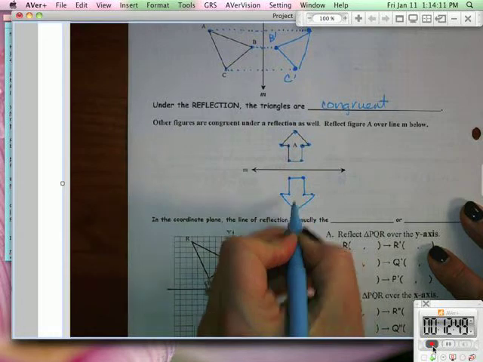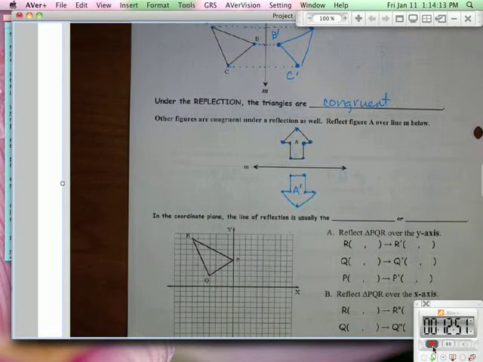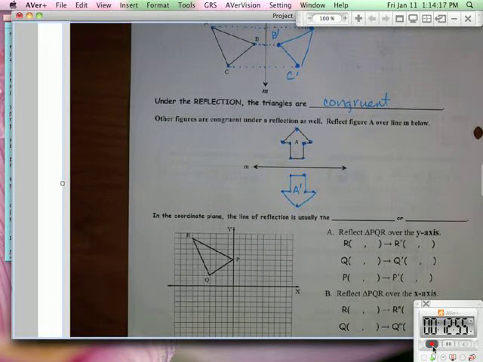Oh, look at that. That's A prime. Just flip all the points over that line. Again, if you try and do it by the points and then connect them, it usually makes it a little neater.